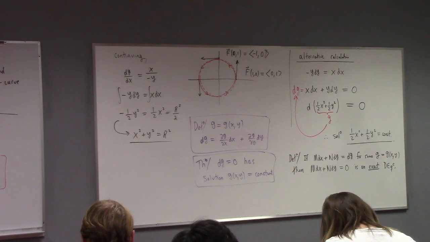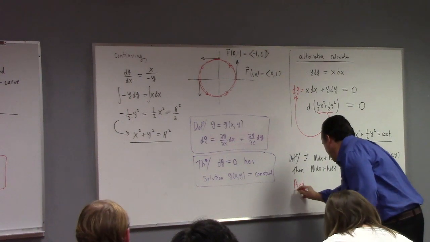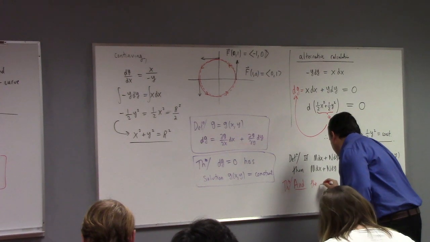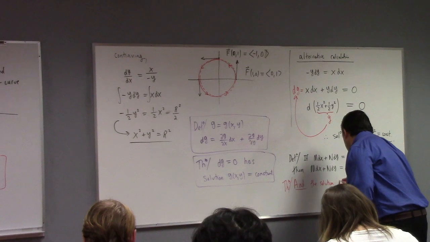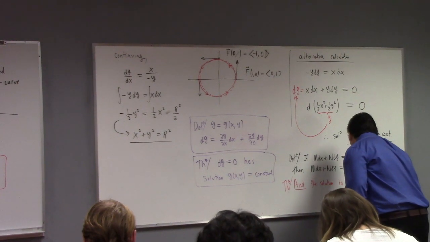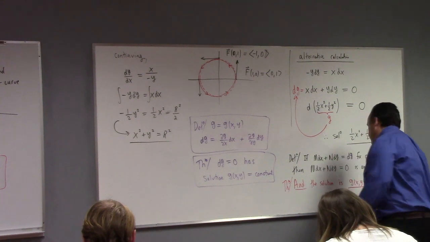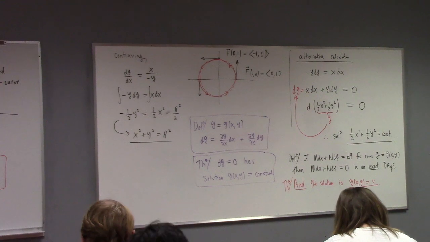And in this case, and this is a theorem, the solution is g of x comma y equal to a constant. That's it. So simple.